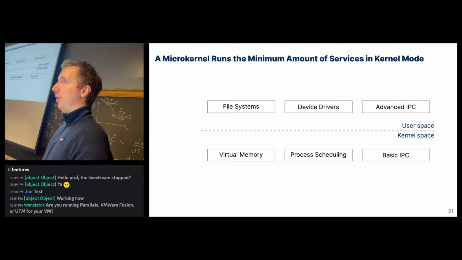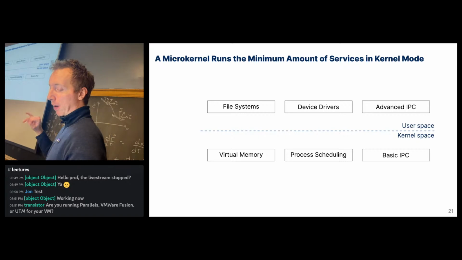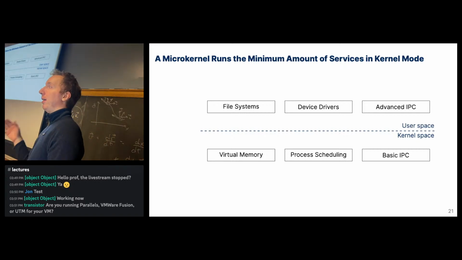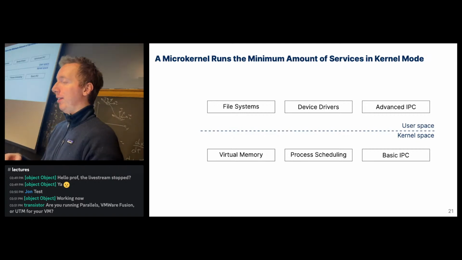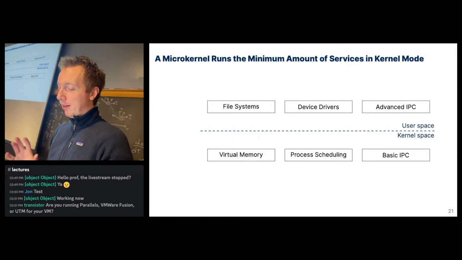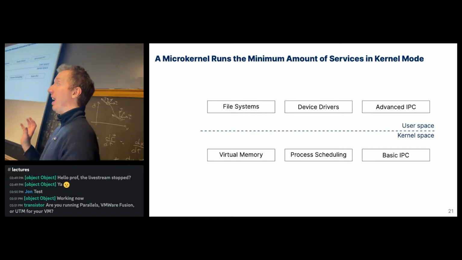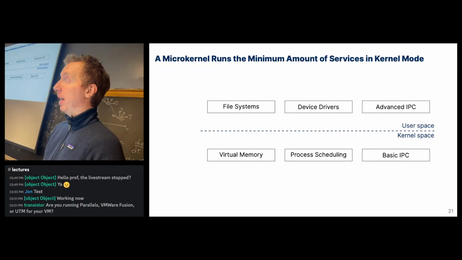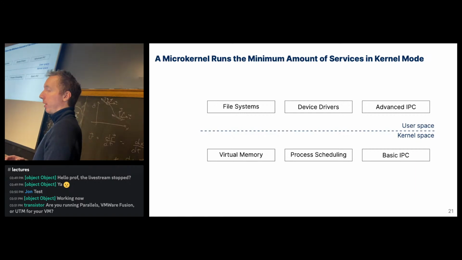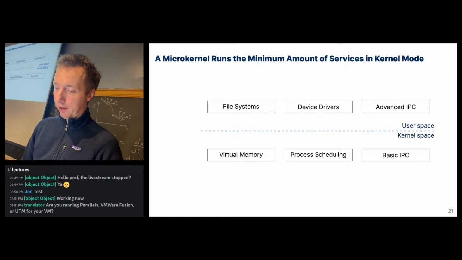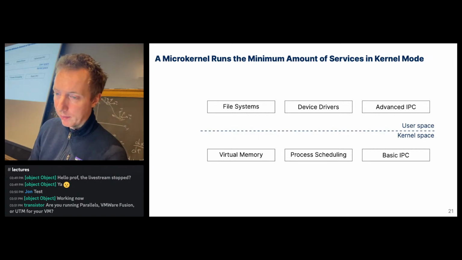It is possible in some designs to move file systems and device drivers and more advanced types of communication between processes to user space, and just have a minimal set of things in kernel space. But the things that have to be in kernel space are virtual memory, managing the physical memory, process scheduling, saying what runs when, and basic inter-process communication, because it has to go through something.